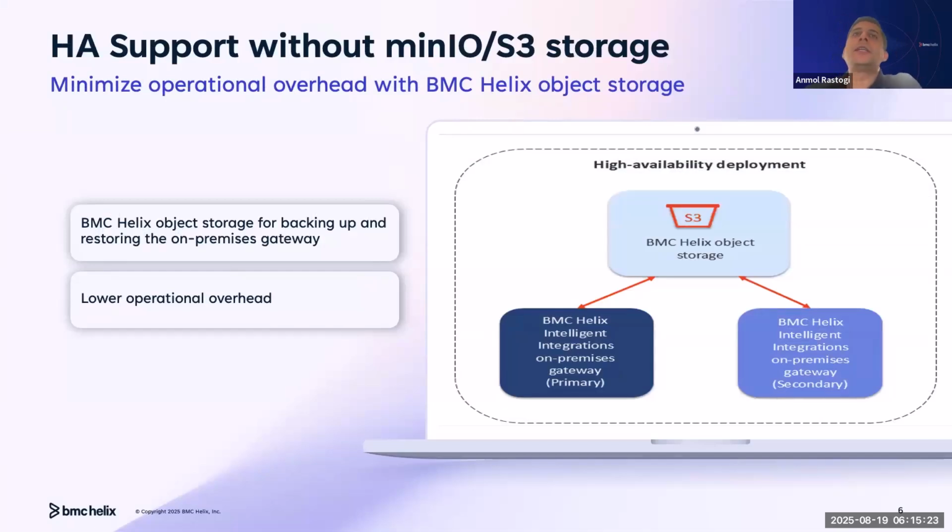Then one of the key updates as a part of 25.3 is, as I talked about earlier, when somebody wants to set up an II gateway for the HA configuration, they need an additional requirement for storing the configuration data.